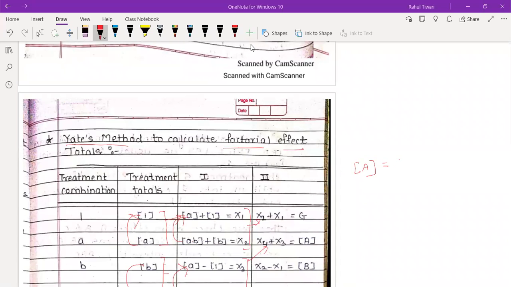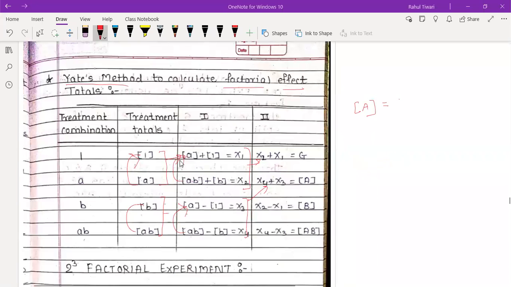Yes. 1 n. What about others? Fine. Okay, I'll repeat this Yates method once again. Fine. Okay. Go ahead.